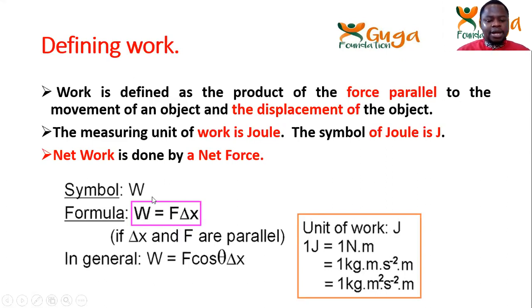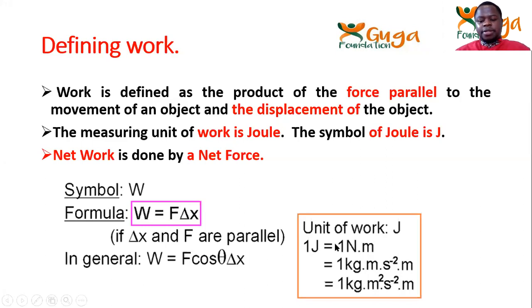We use this formula when F and Δx are parallel. In general, the formula for work is W = F cos θ multiplied by Δx, meaning this is the component of the force.